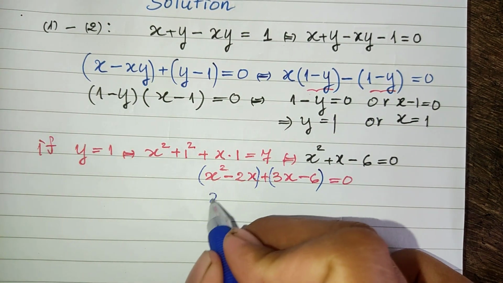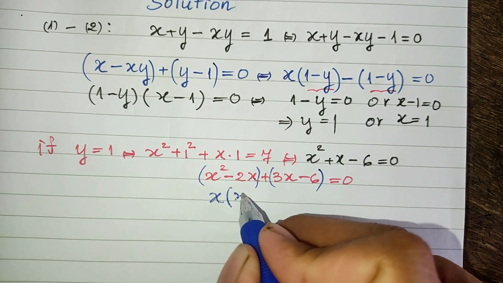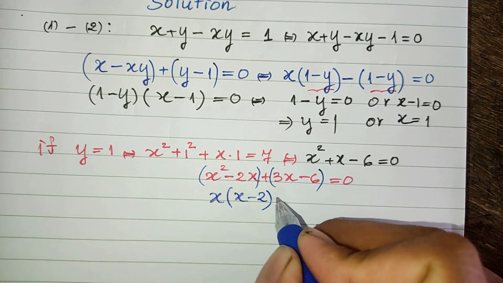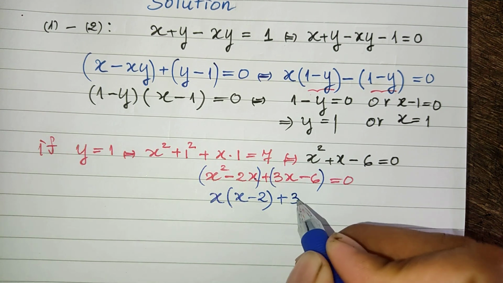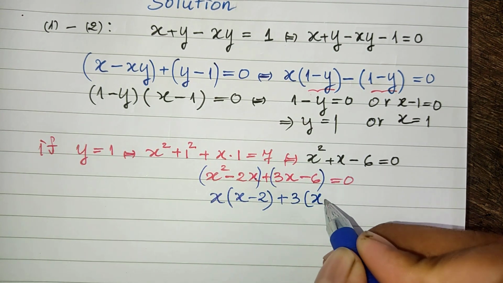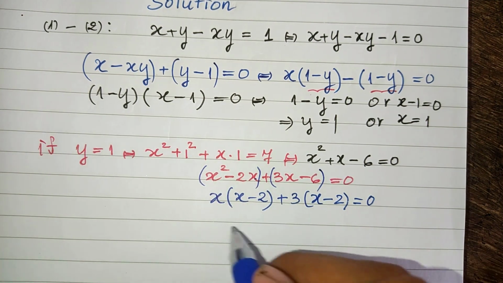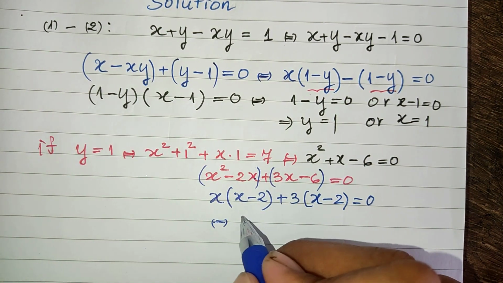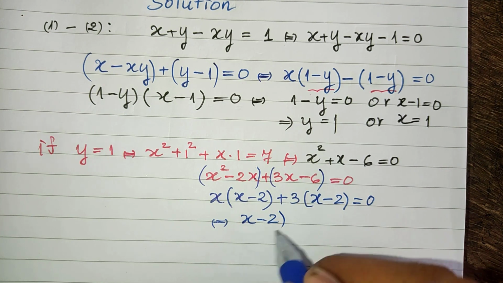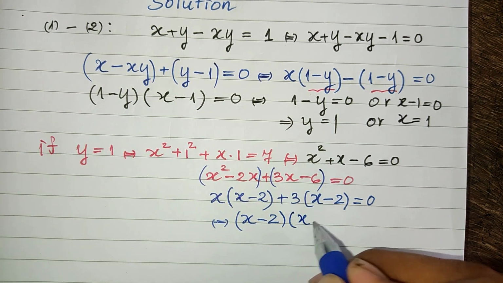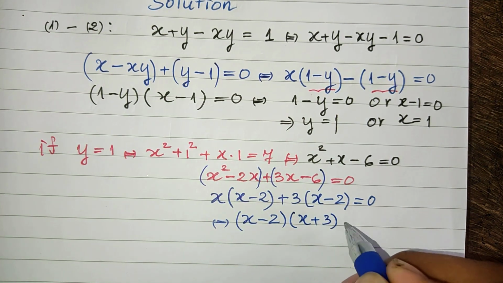So we get x bracket x minus 2 plus 3 bracket x minus 2 equals 0. So now we get x minus 2 bracket x plus 3 equals 0.